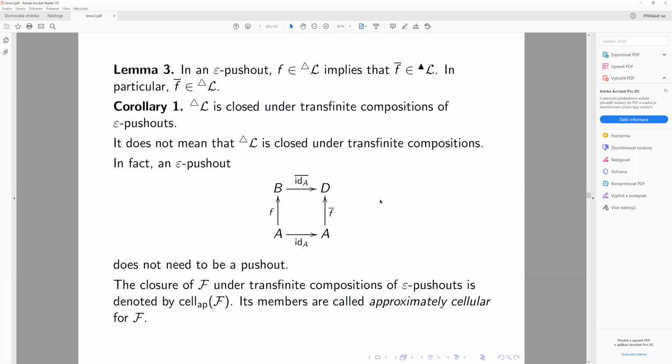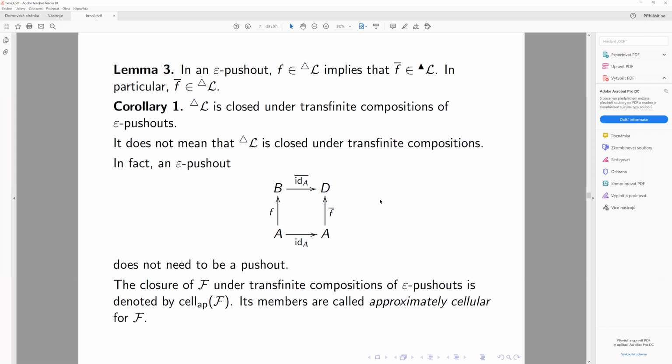You have a class F again, and now you look at lambda directed transfinite compositions of morphisms which are approximately cellular with respect to F. And now your object A is approximately lambda small if for any epsilon, any morphism from A to the colimit of this composition has an epsilon factorization through something on the way.